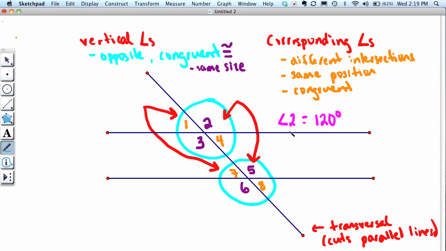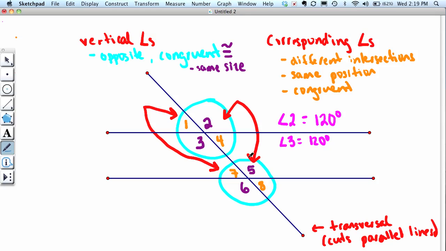So using these different relationships of vertical angles and corresponding angles, we can quickly find out the size of other angles. Since angle 2 is 120 degrees, and we know that angle 2 and angle 3 are vertical angles and therefore congruent, we also know that angle 3 is equal to 120 degrees.